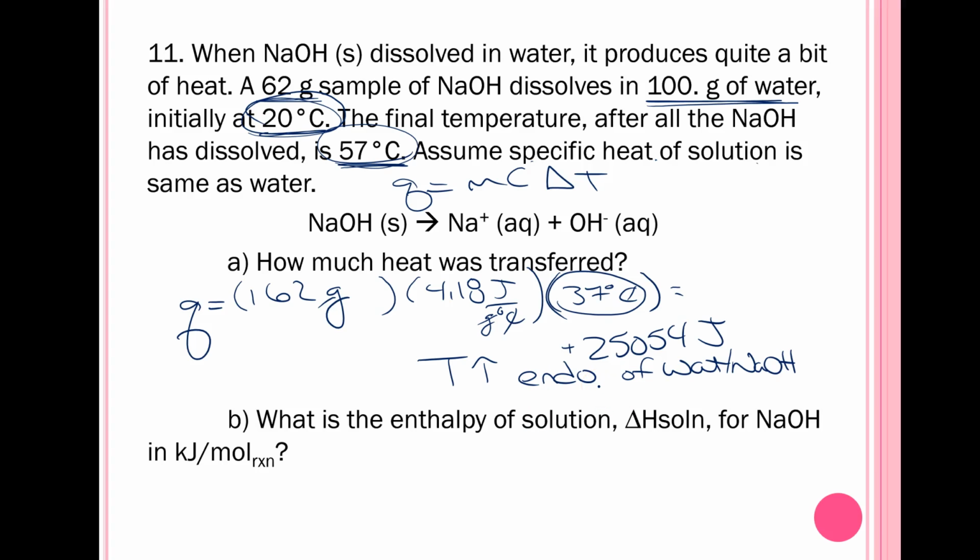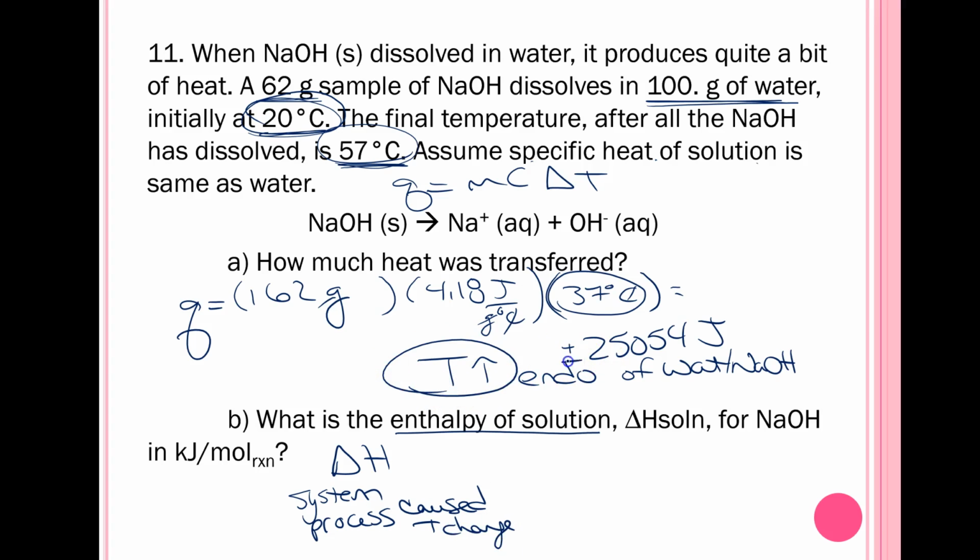And so when we're doing enthalpy of solution, that's delta H. And that's always talking about the system or the process that caused the temperature change. Okay? Temperature change was here. This is a positive value. That means this process caused that. This process has a negative value. And they want it in kilojoules per mole of reaction.